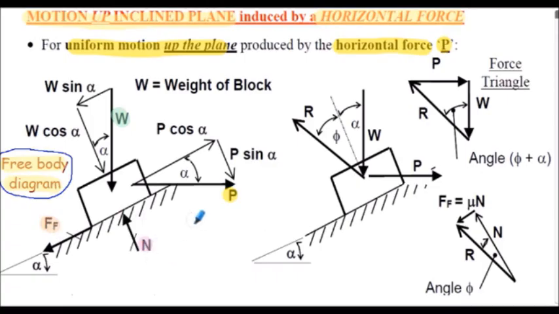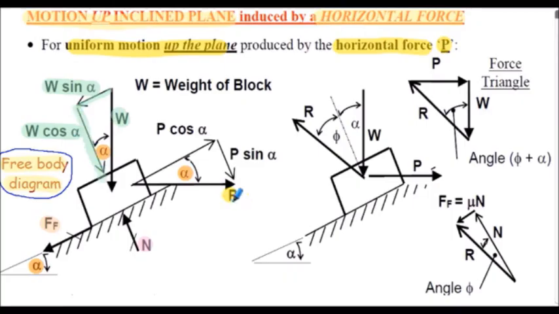So what we've done next is resolve forces parallel and perpendicular to the incline. Note angle alpha is the angle of the helix or angle of the incline here. So considering the weight resolved parallel and perpendicular to the incline, the parallel component is W sine alpha, that has a direction down the incline, and the perpendicular force to the incline is W cos alpha, shown in this direction.